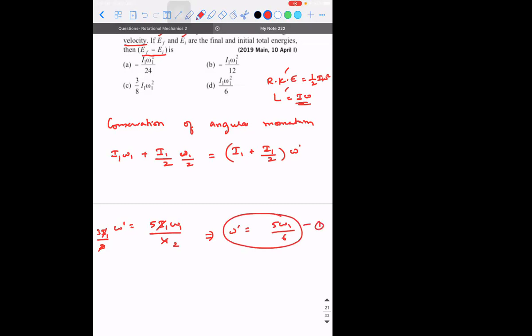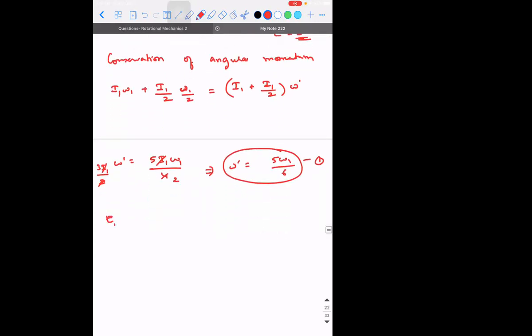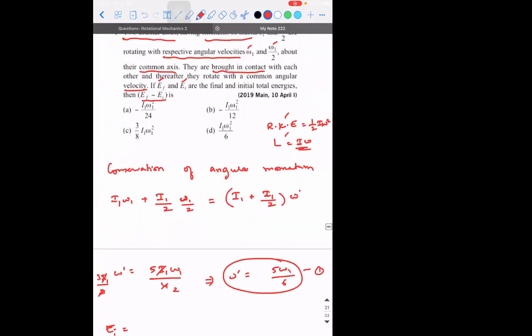But their interest is not in finding the common velocity. Their interest is to find out the loss in energy. So what is the initial energy possessed by the object? They told total energies, meaning since the object is only revolving, what kind of energy can be defined for it? Kinetic energy, potential energy, or both?